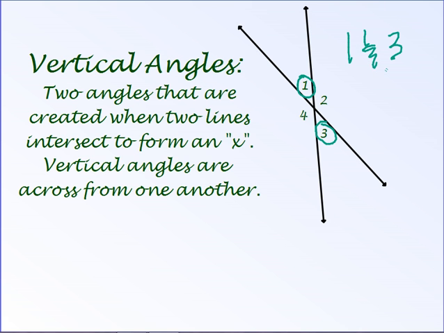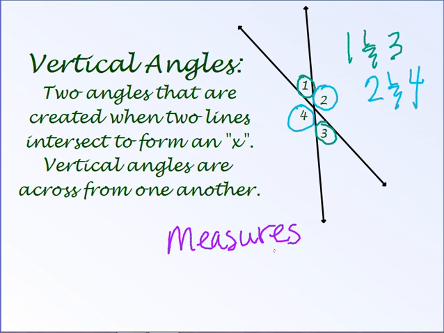They have exactly the same measurement, just like our other angle pairs. So 2 and 4 would be another set of vertical angles. But again, it only happens when two lines form an X, and they're the angles across from one another. And just like our other angle pairs, measures are equal.